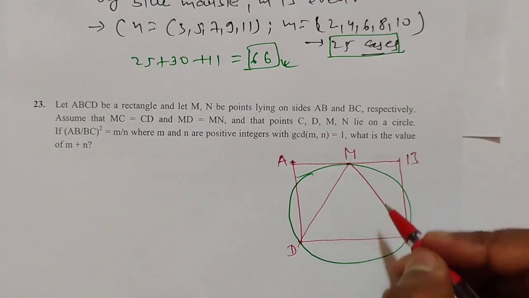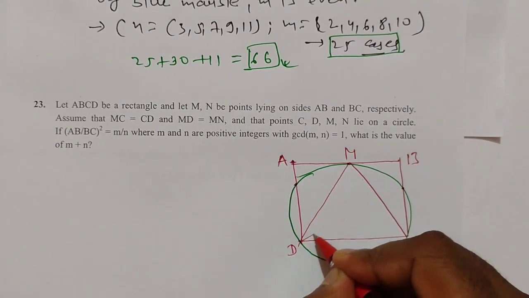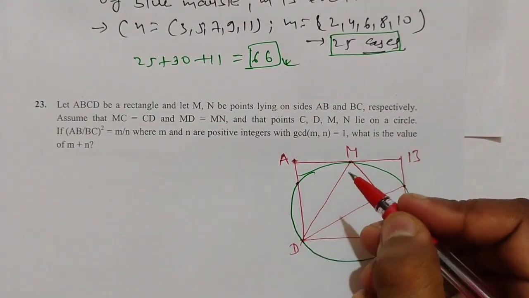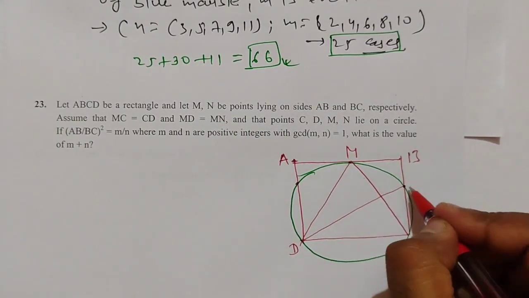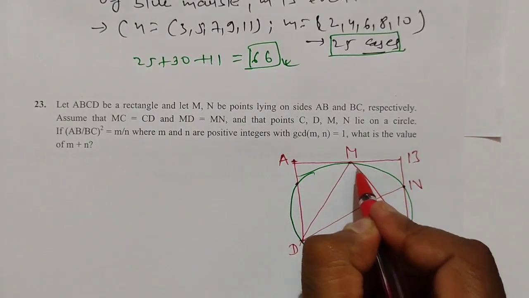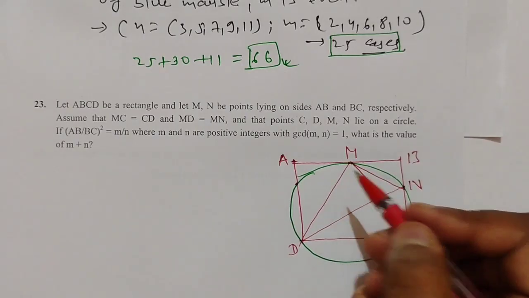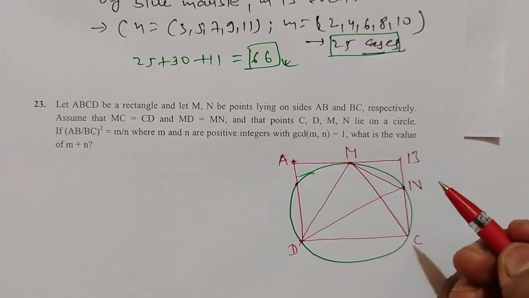This is the point of intersection of the sides of the rectangle and the circle, N, and here M is meeting with N.